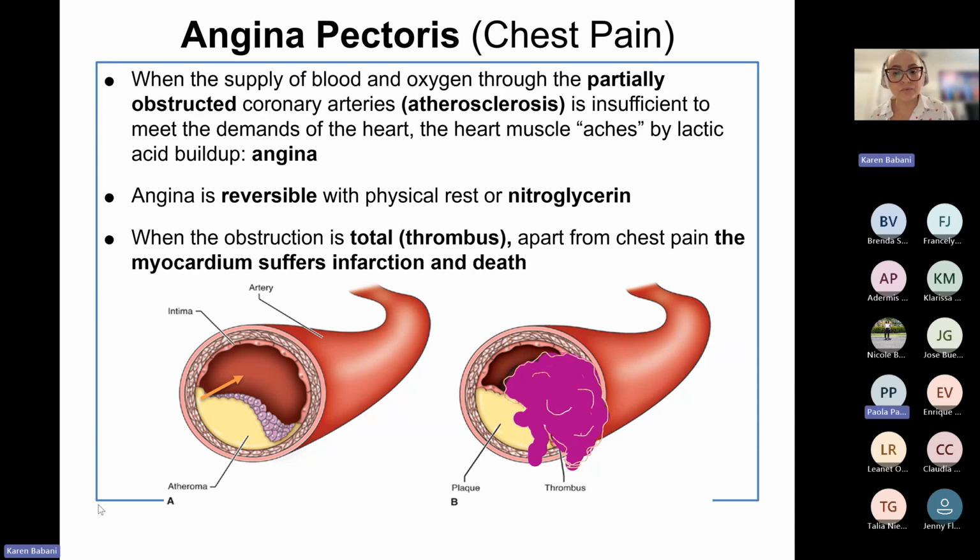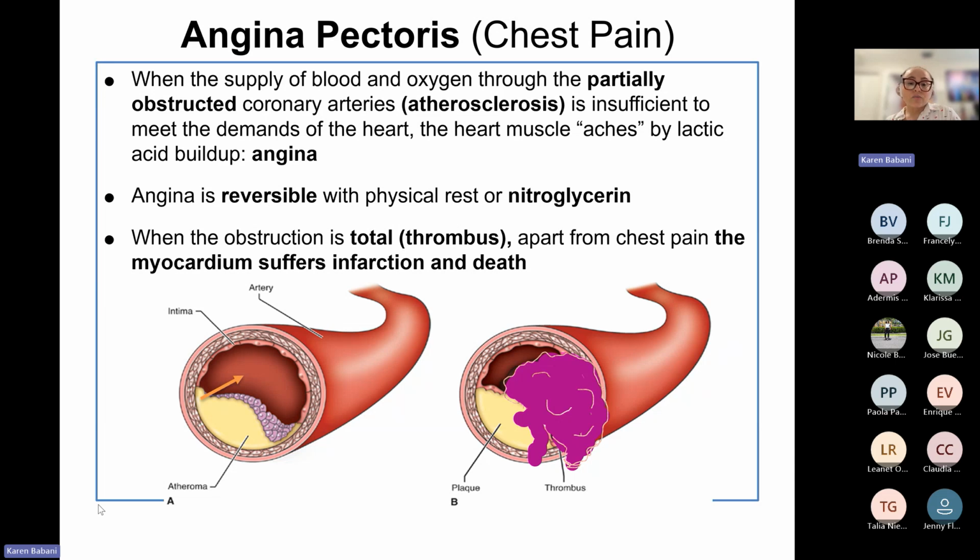So going back to why this happens, now you just saw it. It's usually the formation of that atherosclerotic plaque. That causes ischemia. So the partially obstructed arteries by atherosclerosis cannot meet the demand of the heart, and then it hurts because it's dead.